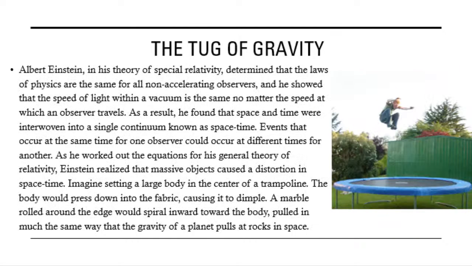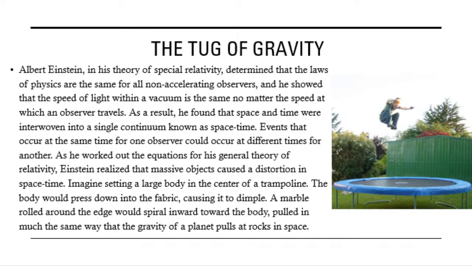Okay, so now let's talk about this. Albert Einstein, in his theory of special relativity, determined that the laws of physics are the same for all non-accelerating observers. And he showed that the speed of light within a vacuum is the same, no matter the speed at which an observer travels. As a result, he found that space and time were interwoven, combined into a single continuum, which was called spacetime.